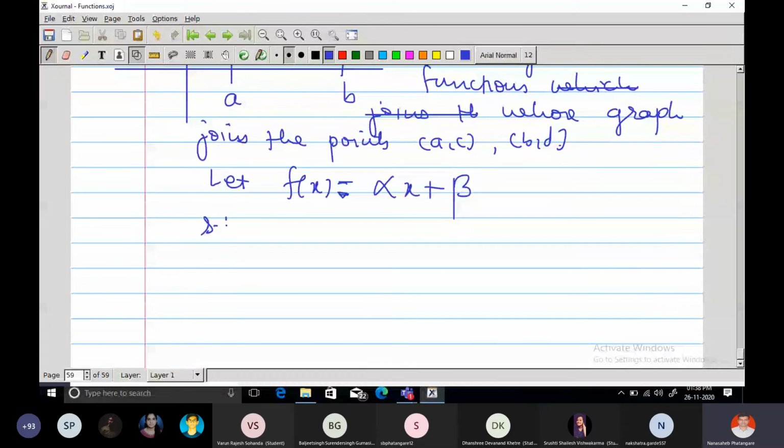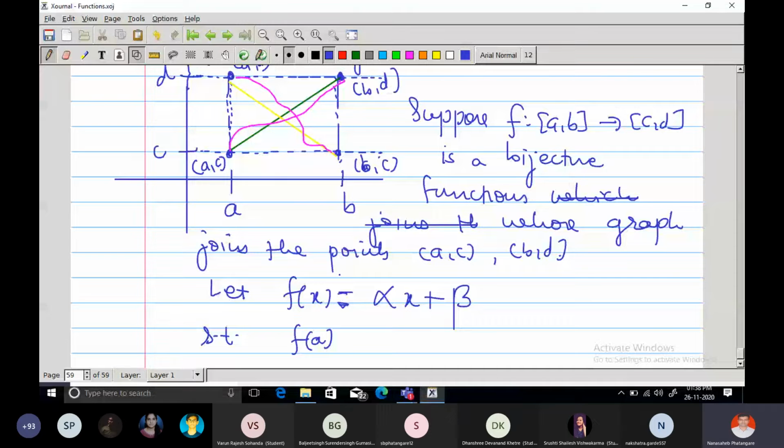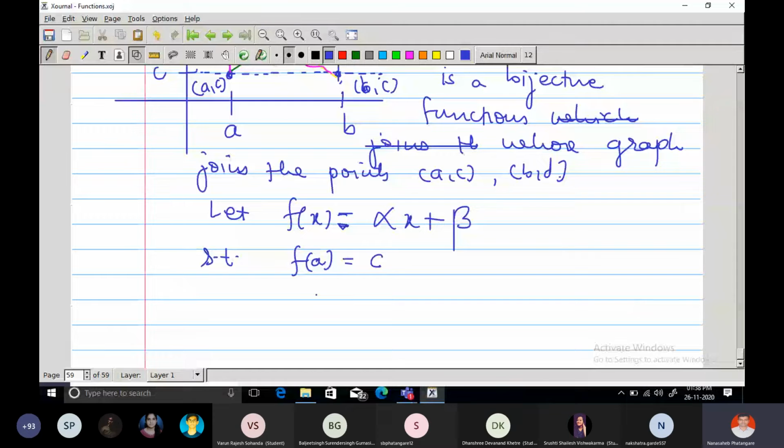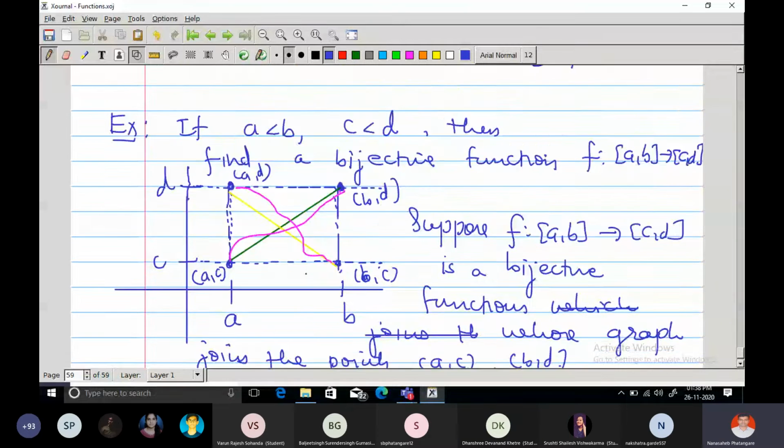Suppose this is a function such that its graph contains the point a comma c. That means f of a, what should be the value of the function at a? We expect c, and what do we expect at b? d. Right? Because we want a function whose graph is this green line, which joins the points AC and BD.